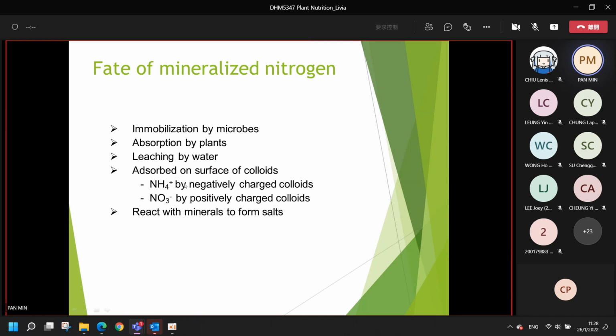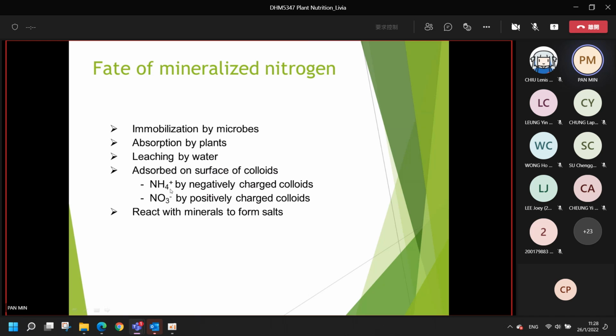One is shown as the cation form, and the other, nitrate and nitrite, will exist as the anion form.